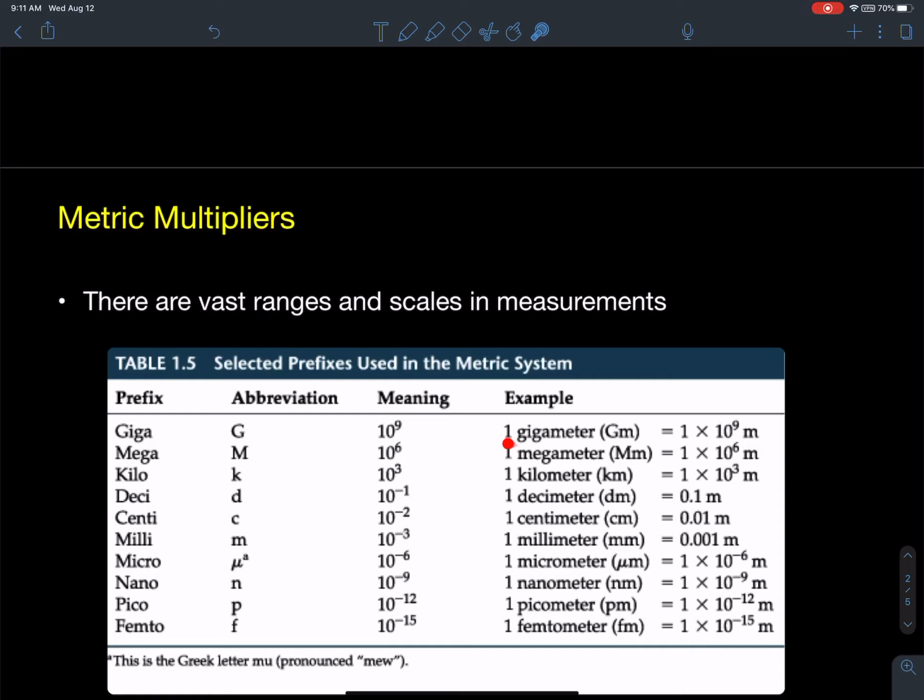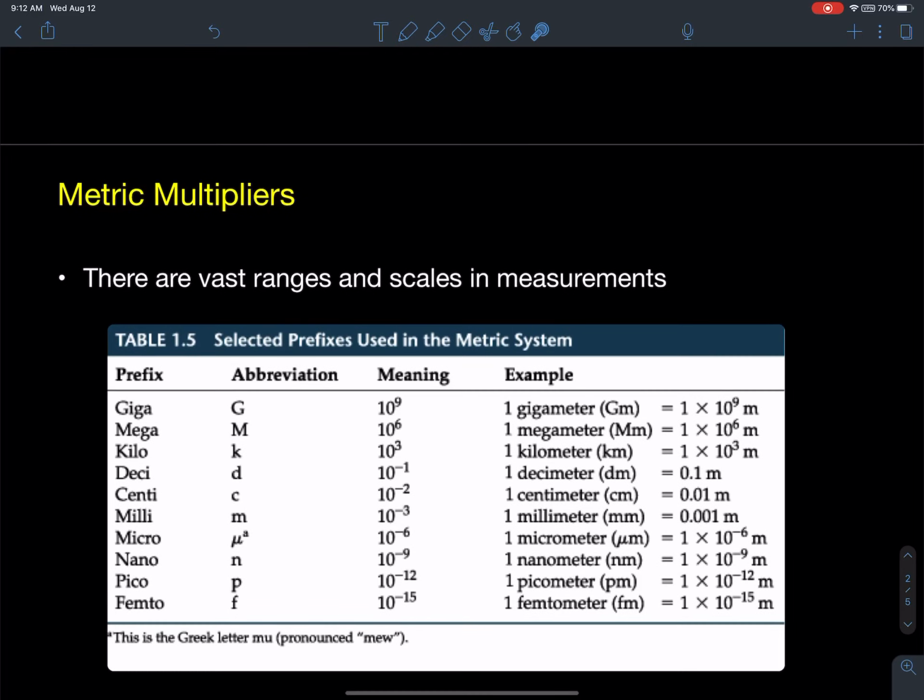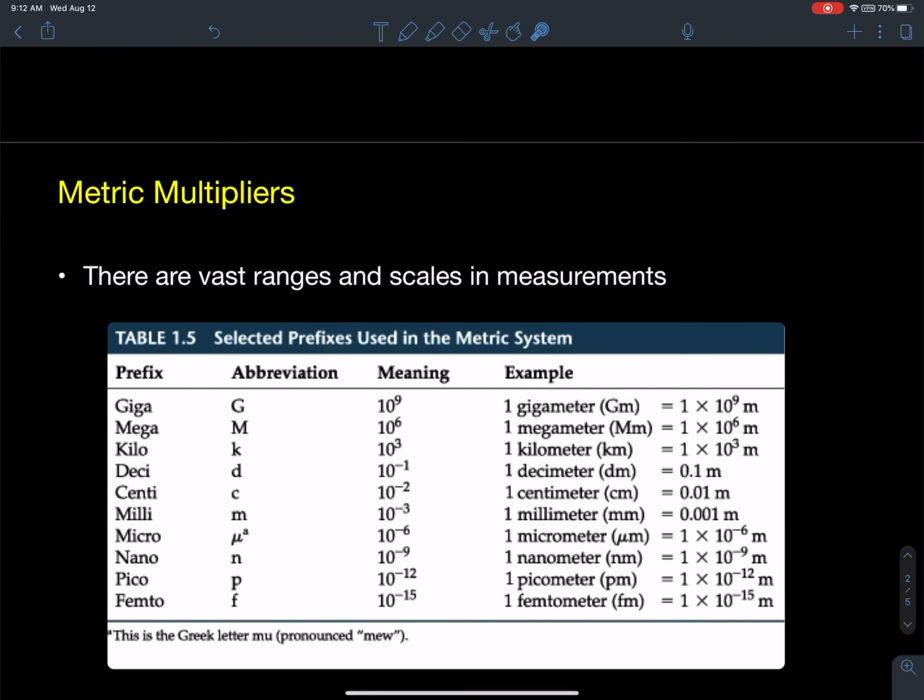But have you ever heard anyone say, I walked a gigameter today? Or I walked a nanometer? That would be really hard to walk a nanometer, just as hard as it is to walk a gigameter. But rather than trying to describe exactly how many meters you would use, you would put these prefixes in it. Students who are beginning physics have not heard gigameter or megameter or pico or femto.